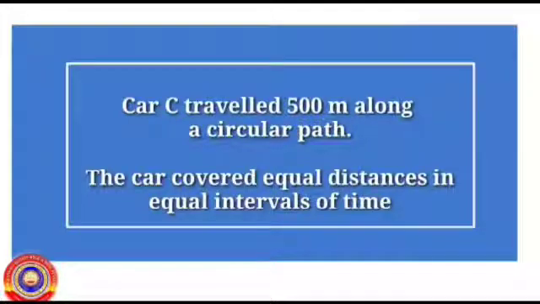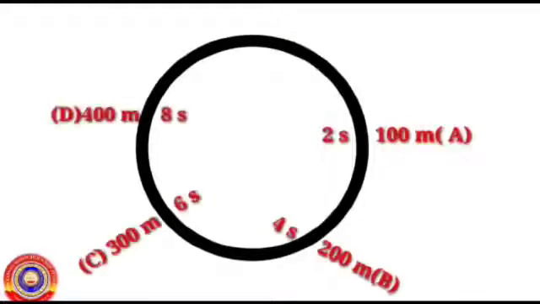And car C travelled 500 meters in a circular path, and it covered equal distances in equal intervals of time. In the first 2 seconds, it covers 100 meters. Similarly, the car covers equal distance in each 2 seconds. The car C covers equal distance in equal intervals of time in a circular path.